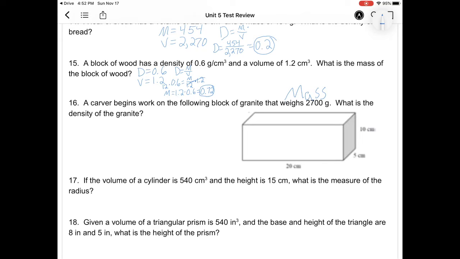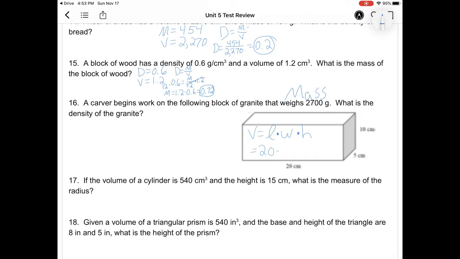And then because we're given our dimensions of our block, we can find the volume. The volume of this rectangular prism is our length times width times height. And because there's multiplication in between each, it does not matter which one we set as our L, W, or H, as long as we multiply all three together.